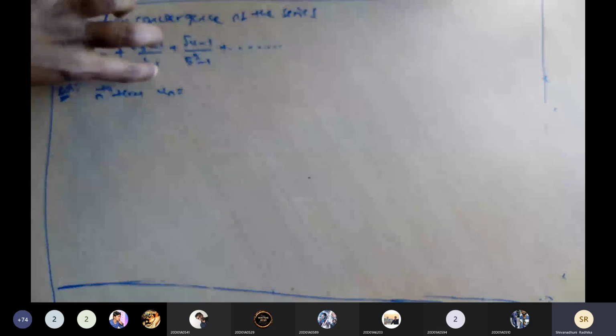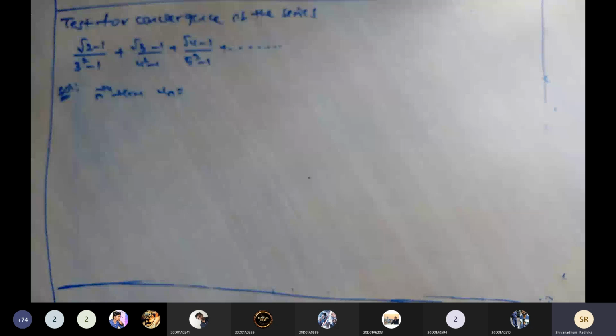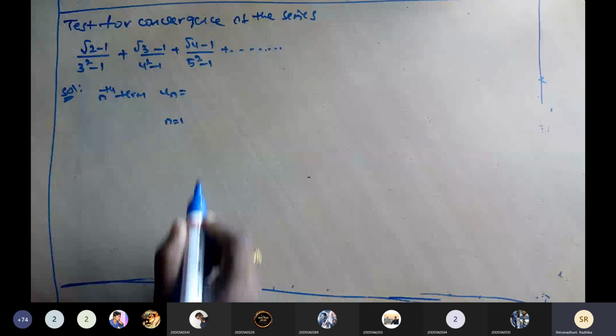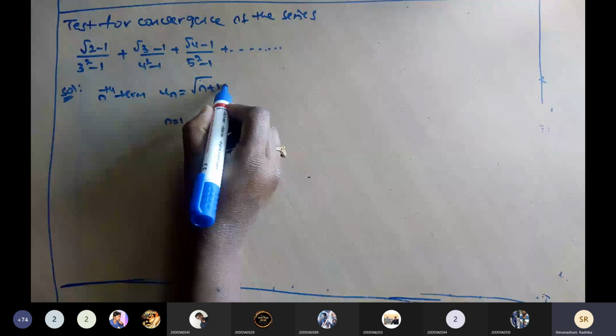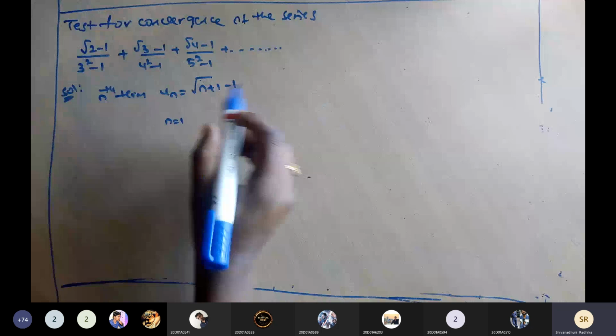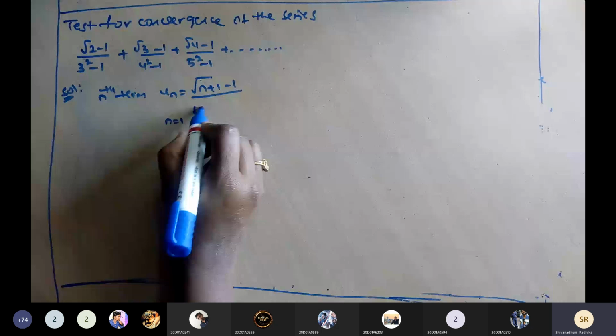Tell me, anyone. Suppose I take n equals 1. Under root of n plus 1 minus 1 is the common term for all values, divided by n plus 2 whole square minus 1.